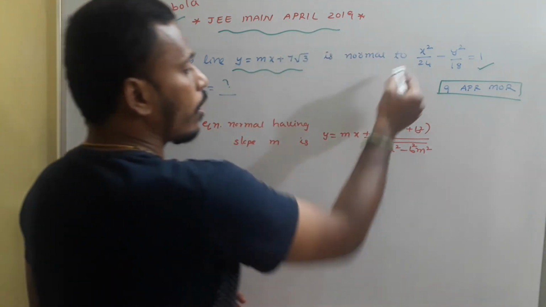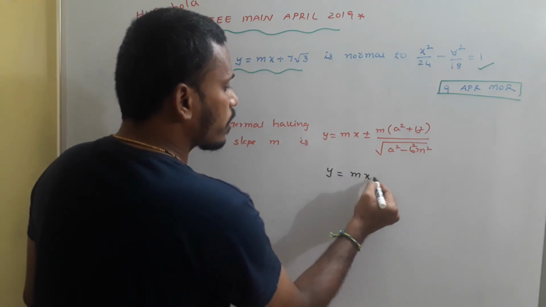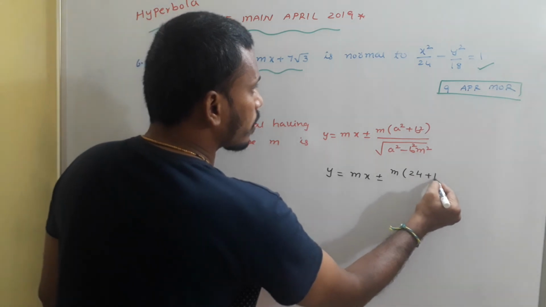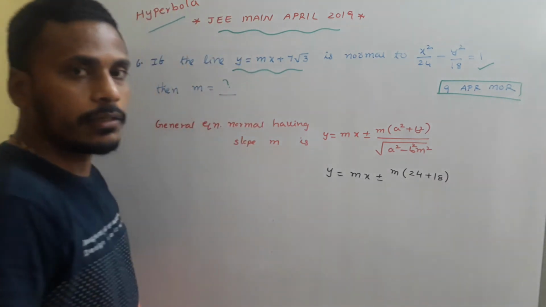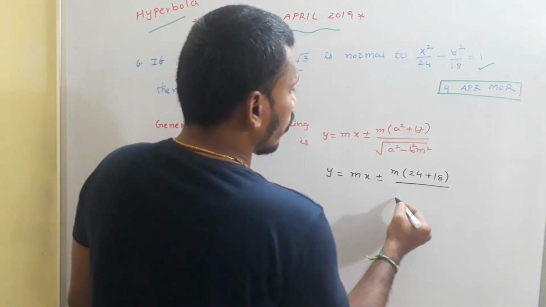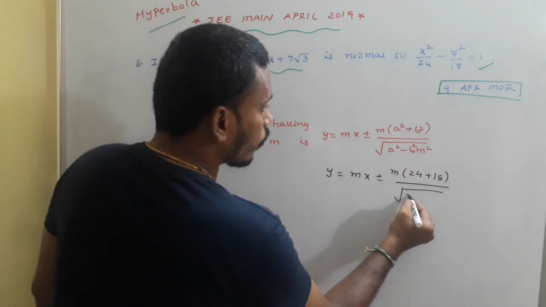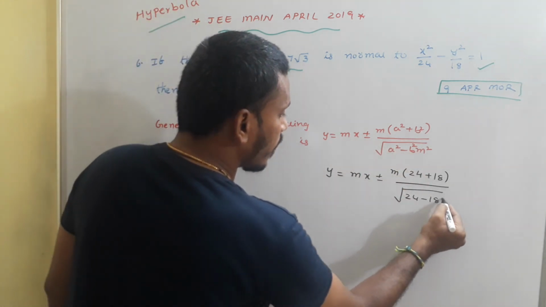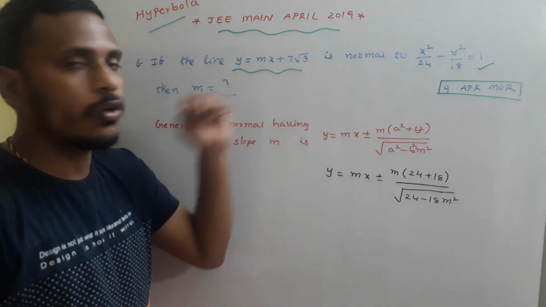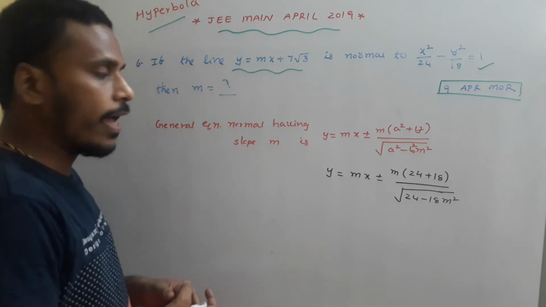And for this hyperbola, y = mx ± m(24 + 18)/√(24 − 18m²), where a² is 24, b² is 18. And the constant is given as 7√3. So equalize this constant to 7√3, we need to get the value of m.